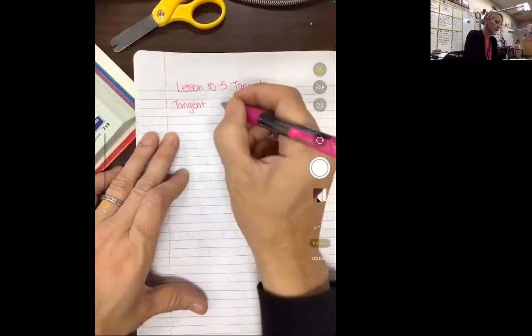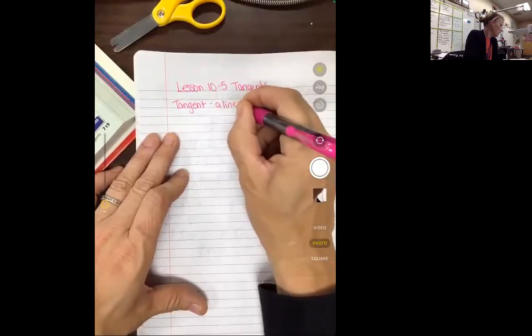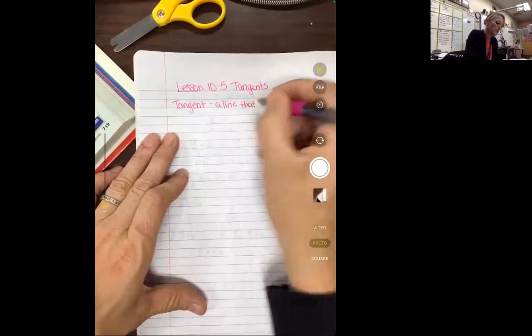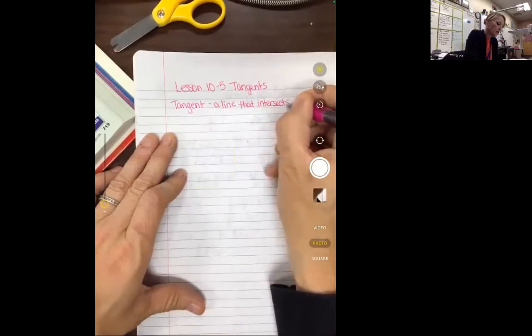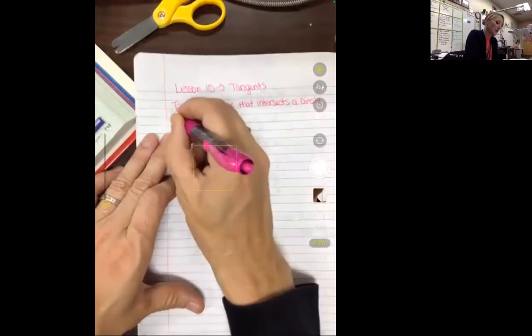So a tangent is a line that intersects a circle in exactly one point.